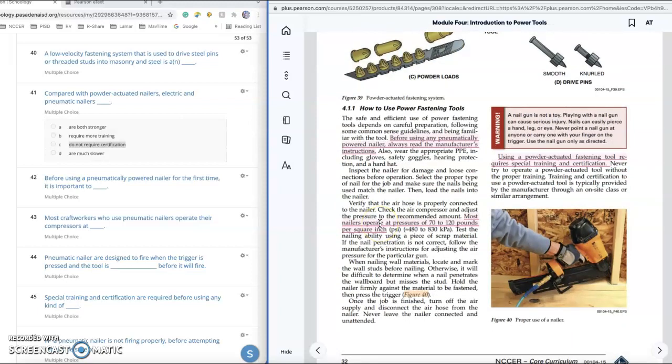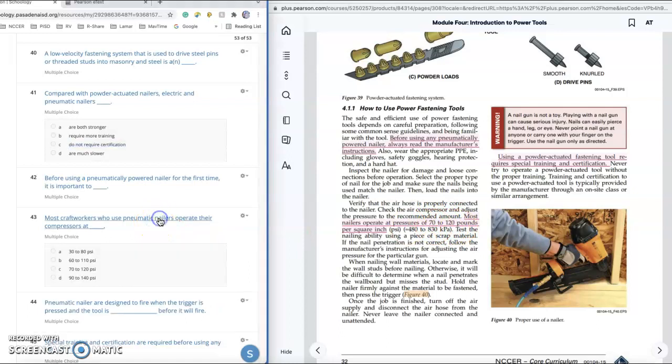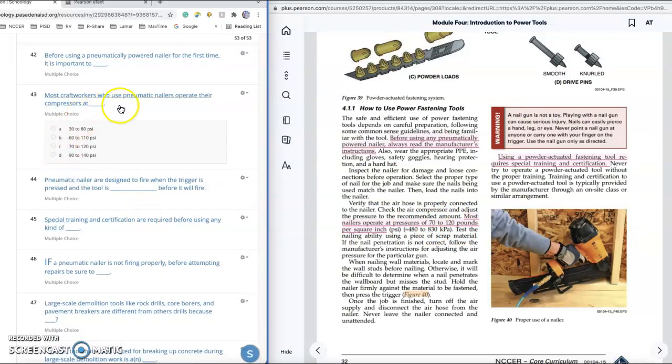Most craft workers who use pneumatic nailers operate their compressors at about 70 to 120 pounds of pressure. That's the pressure we run inside our shop. And so that's for air hose, and the others for powder actuated.